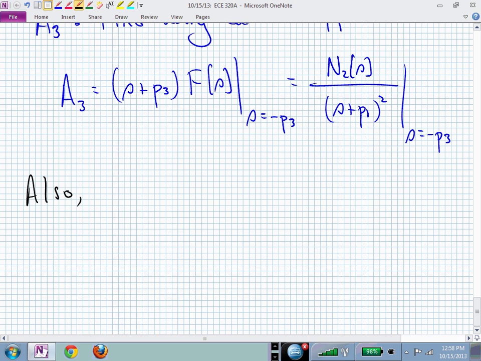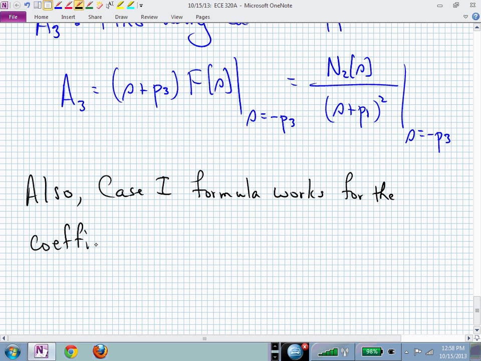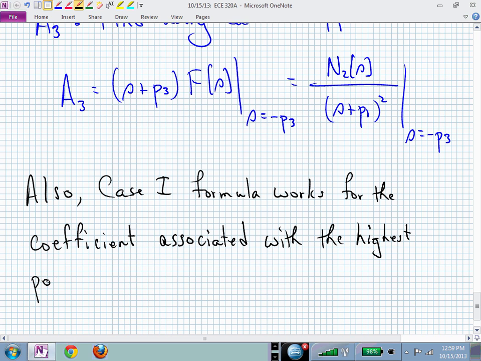Let me see if I can word it another way. You can also, the case 1 formula works for the coefficient associated with the highest power of the root.